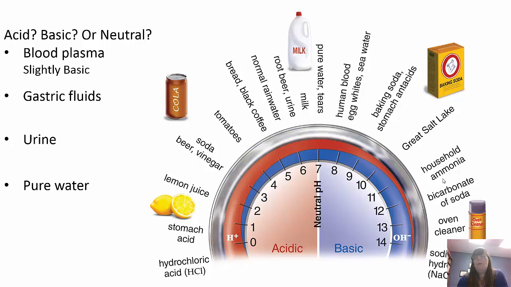It's a pH of about 1 or 2, so it's acidic. Urine. Slightly acidic usually, but that can change depending on if you're a vegetarian or a meat eater. Pure water is neutral.